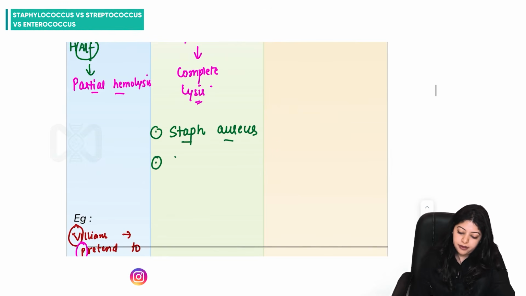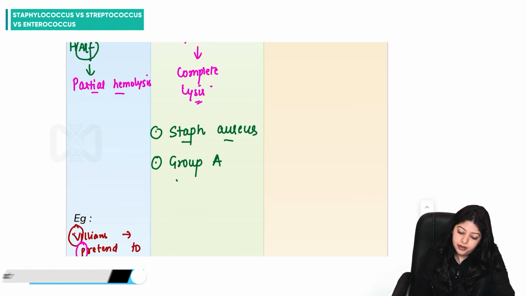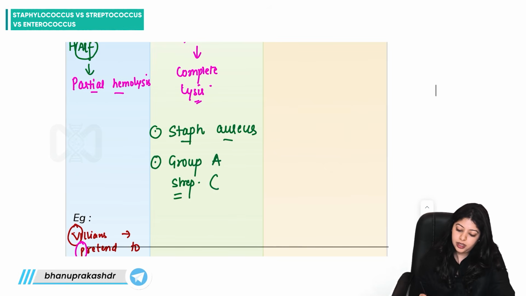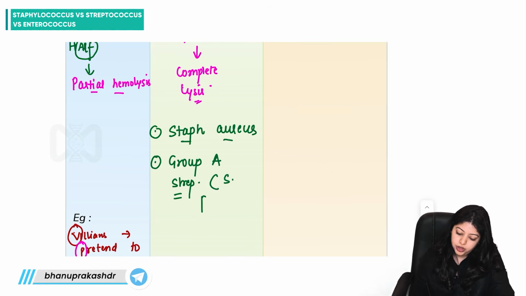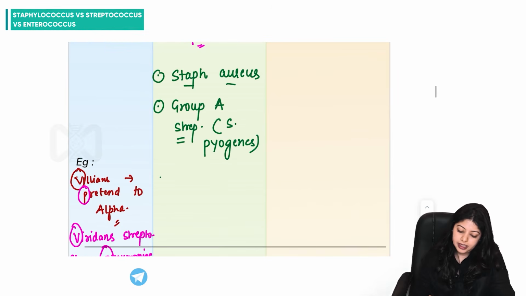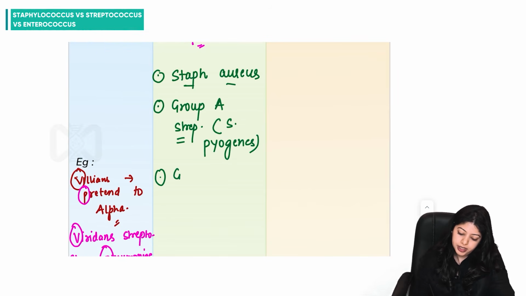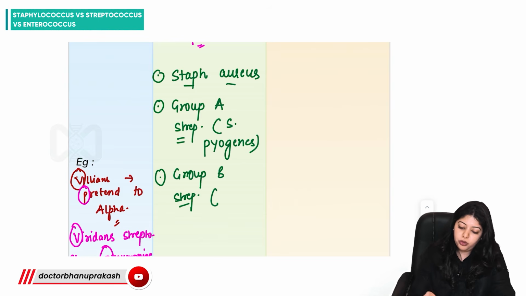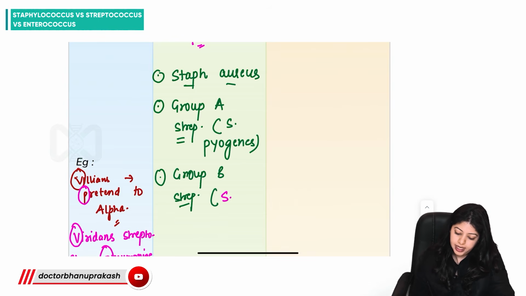Then we can have group A strep, which is Streptococcus pyogenes, as well as group B strep, which is Streptococcus agalactiae.